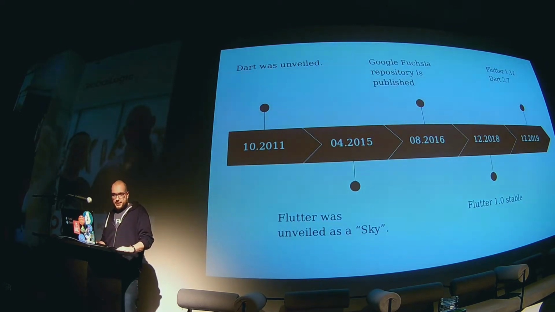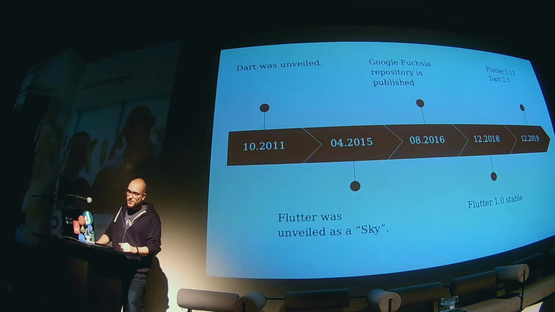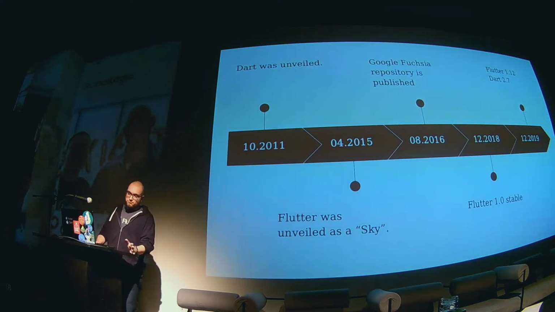So, next. In December 2018, Flutter stable is released. First version. This is the moment when I started coding with Flutter. And from this moment, one year later, last December, Flutter is at version 1.12 and using Dart 2.7.